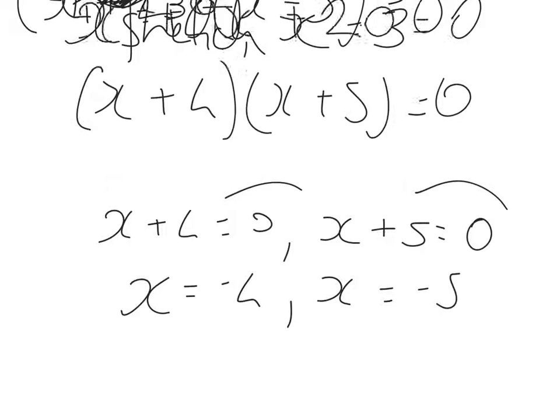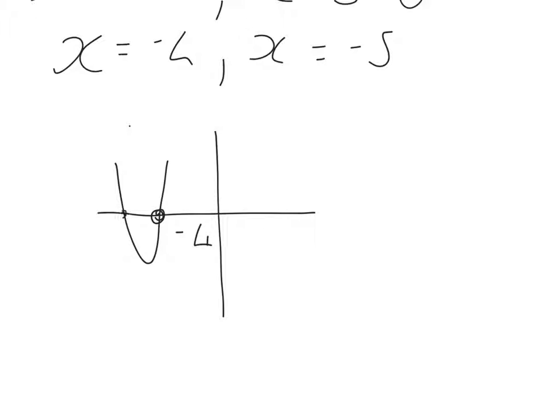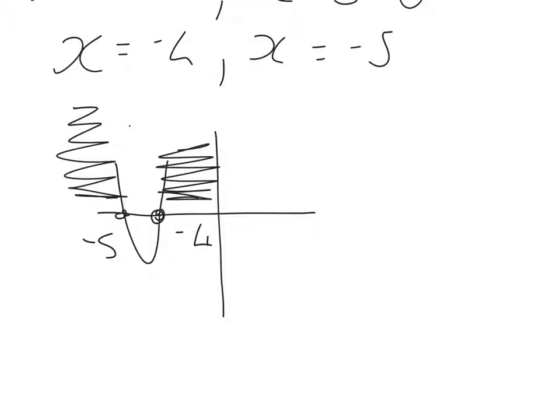I can now sketch this out, and that would look a bit like that. The question then says, where is the thing greater than 0? So that's above the x-axis, so that's here and here. So that would be x is less than minus 5, or x is greater than minus 4.